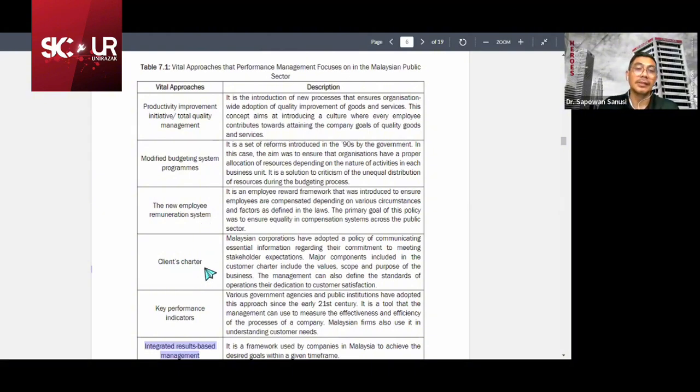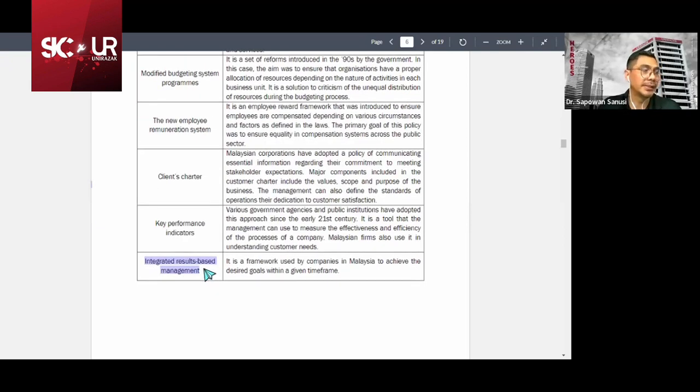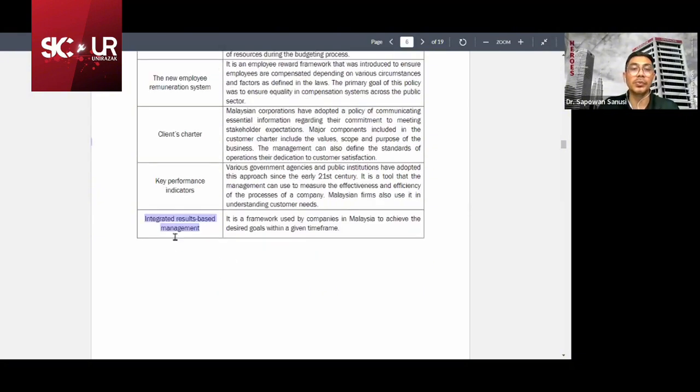Tak ada. Each of the private and public sector have their own client charter, and the key performance indicators is normal. We already have. Okay. But the new one, the modern economy right now, each and all of us are very result-based oriented. Tak ada result, we cannot get a good planning.